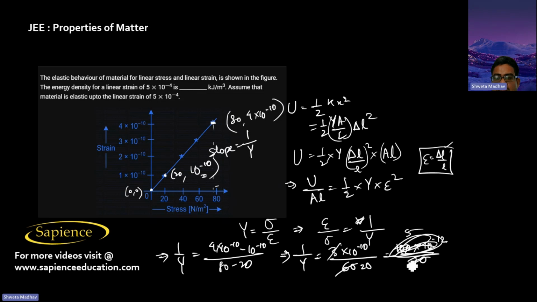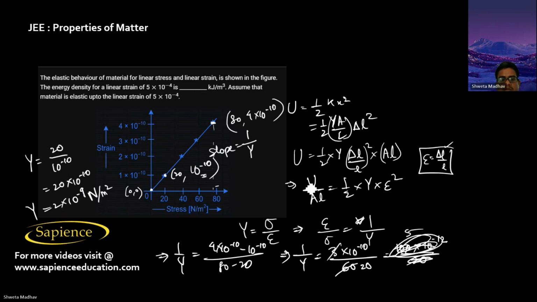Oh, sorry, so Young's modulus Y we have to find, so that will be 20 by 10 power minus 10, which is 20 into 10 power minus 10, or I can say 2 into 10 power minus 9 Newton per meter square.